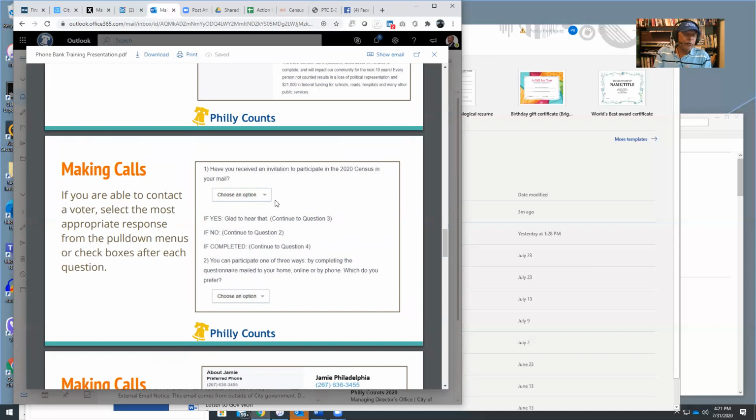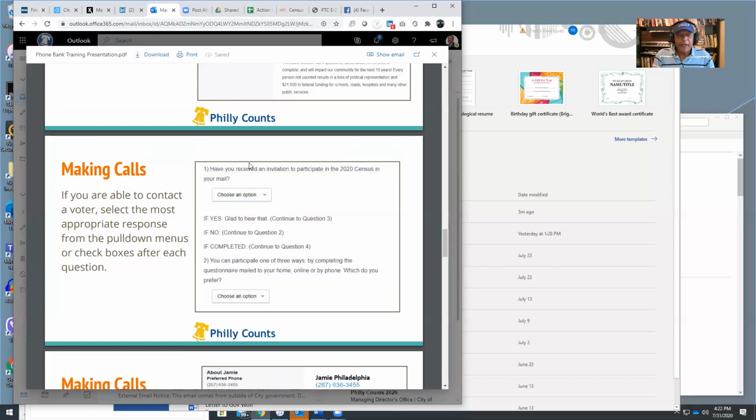Then they will offer what they did with it. They say, oh no, I already did it, and we want to know how they did it. The three ways are by phone, internet, or filling out the questionnaire and mailing it back. We record that information because we want to know how people did it in Philadelphia.